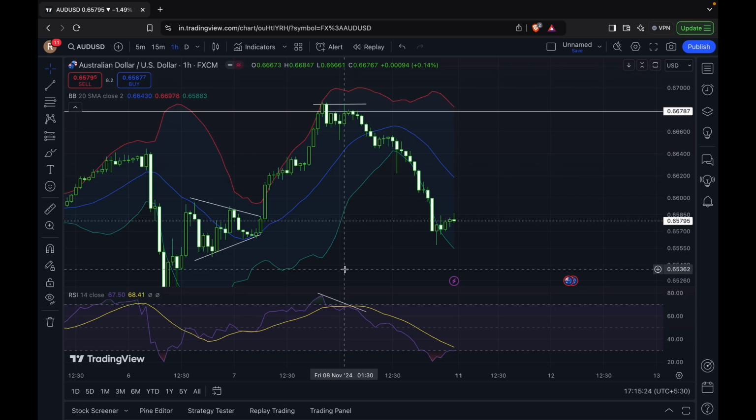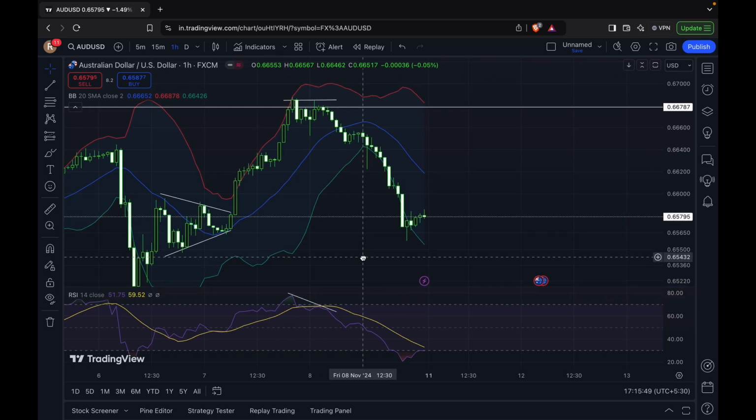And especially with divergences, one thing I have learned is that when the first leg of the divergence on the RSI indicator is above the average of the RSI and the second leg is below the average, then the divergence is quite a bit stronger. So this is actually in our favor, for a bearish trend, of course.